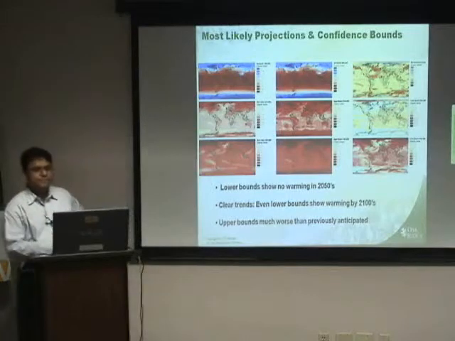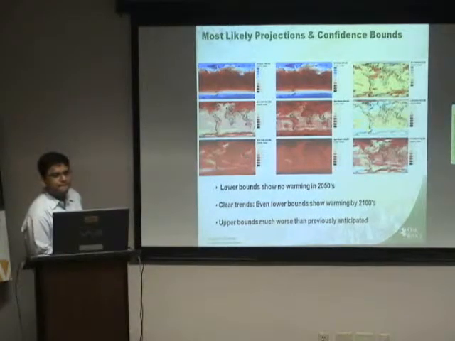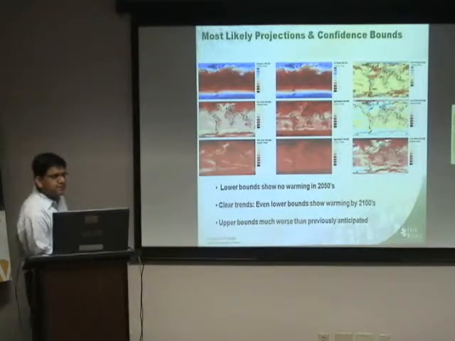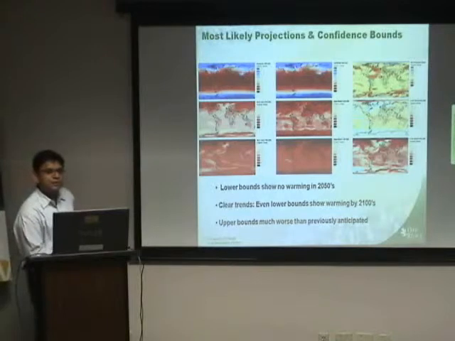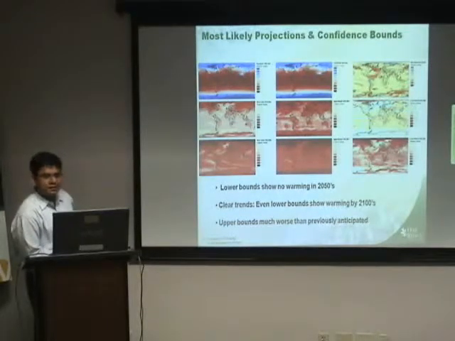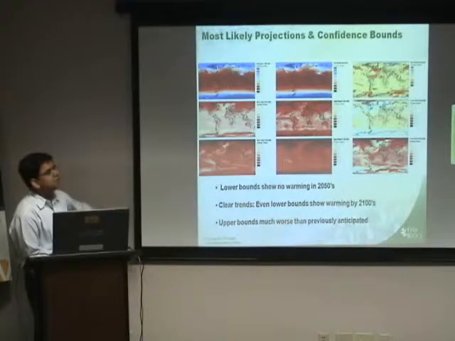And yes? How do you generate the statistical ensembles? So the ensembles themselves are generated by running models with different initial conditions and the same or different forcing, depending on what you are trying to look at. The uncertainty bounds were generated by us by comparing with observations and looking at the error statistics.